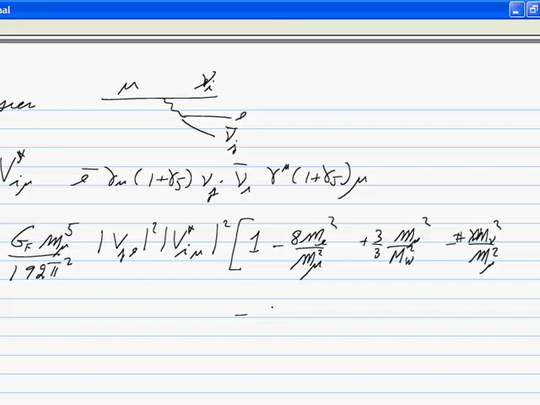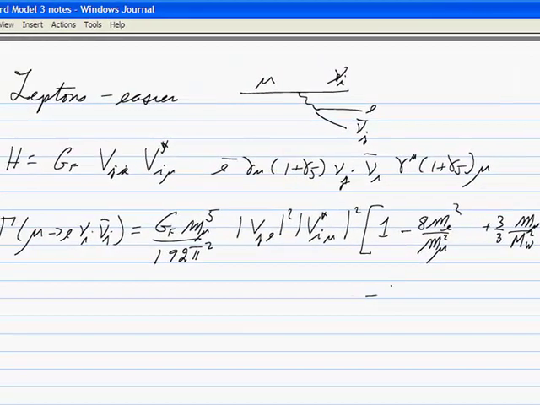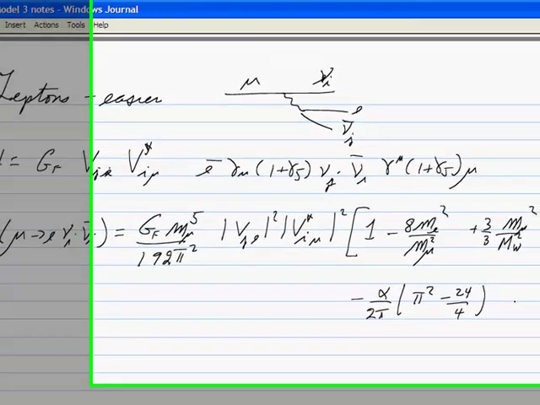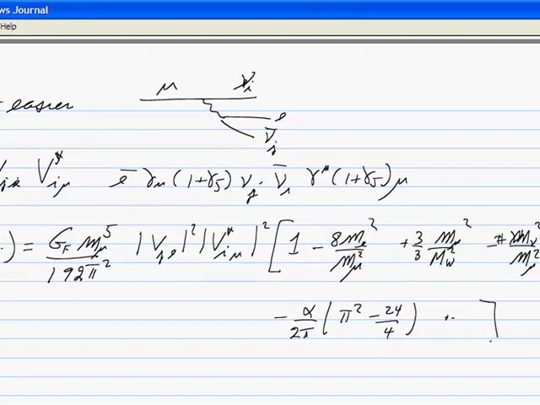And then there are corrections due to electromagnetic interactions, alpha over 2 pi, pi squared minus 25 over 4. So there are all these various corrections.